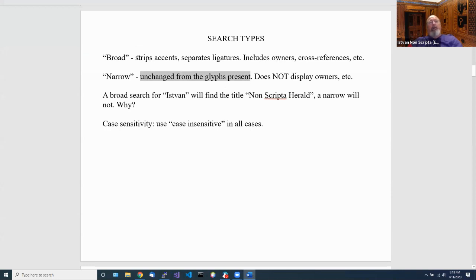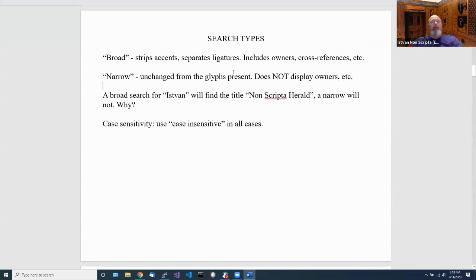A broad search, when it's doing the match, strips out accents, it separates ligatures, and there's some more about this. You saw my title, Non-Scripta Herald. A broad search will include that. A narrow search will not.